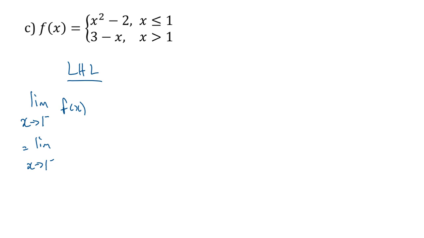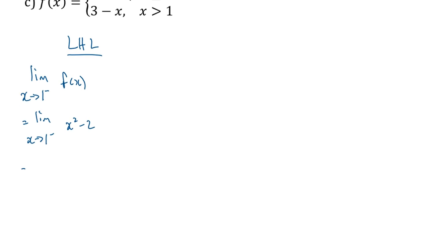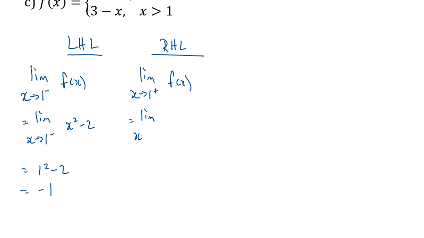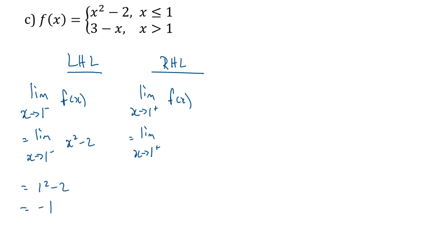And if I'm approaching from the left, I'm the quadratic, and I can just sub in and solve. And the right-hand limit, if I'm approaching from the right, I'm the other function, the linear function.